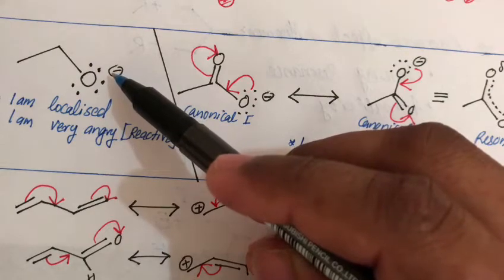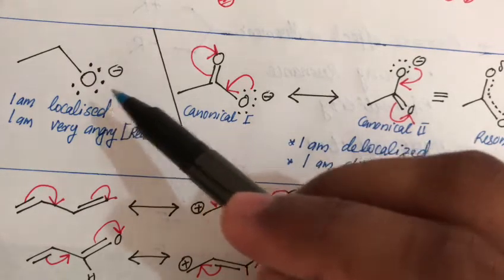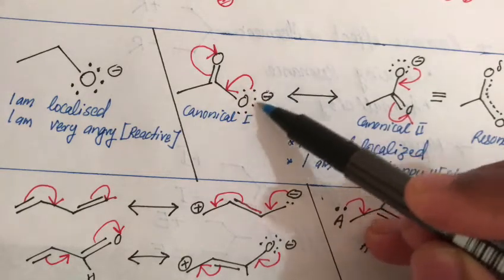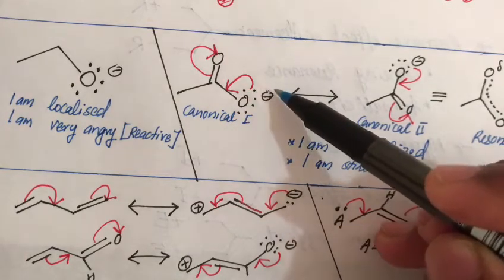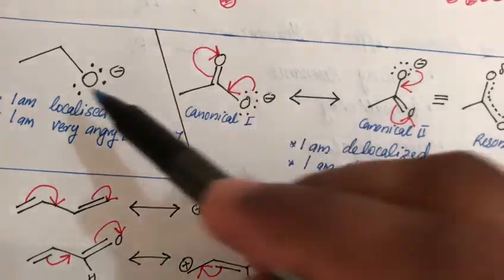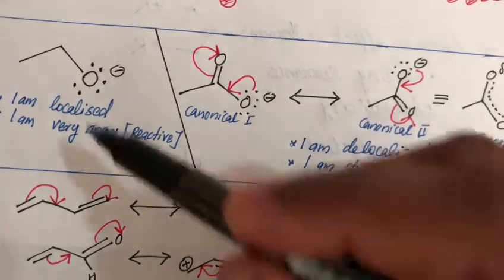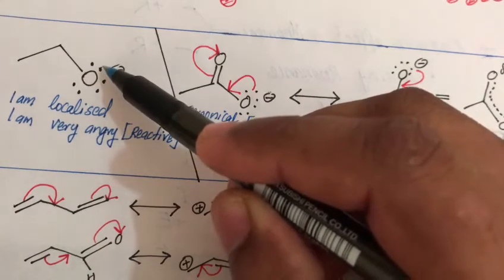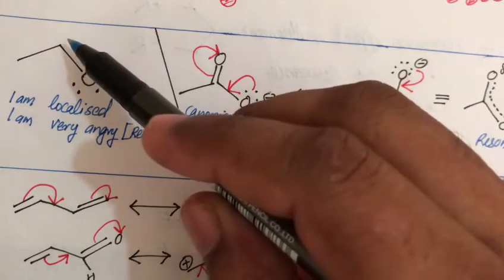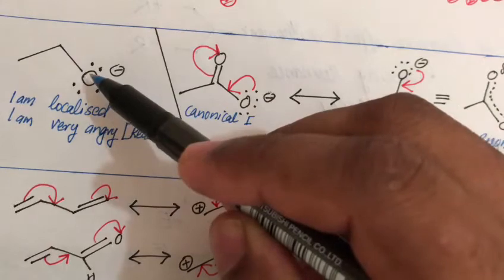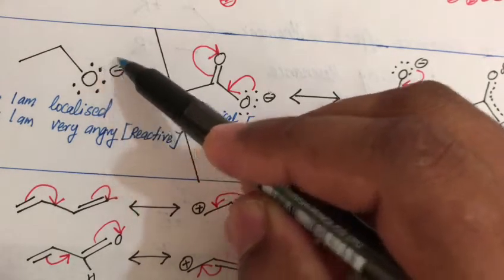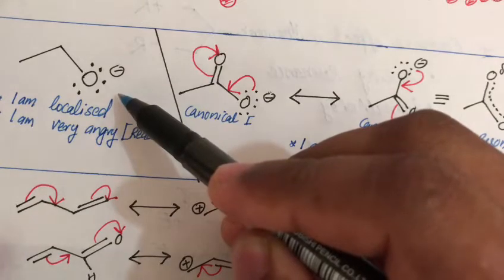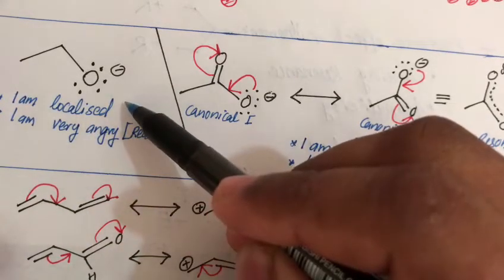In the same way, look at this molecule. It also has oxygen carrying a negative charge. What is the difference between these two? Here the negative charge is localized. It can't move anywhere, so it is permanently at this position. That means it is a localized charge.